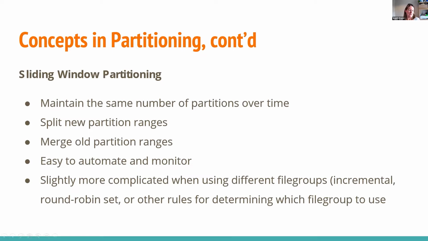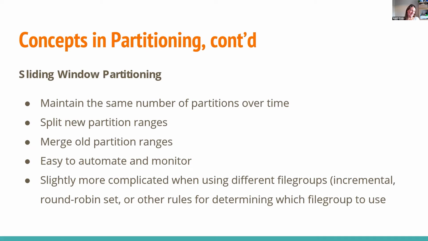It keeps your data nice and neat. You don't end up with 1,000 old partitions. You keep your required window in place. Definitely don't recommend that you do this manually on an annual basis or whatever. Automate it wherever possible. And the sliding window automation is very, very doable.